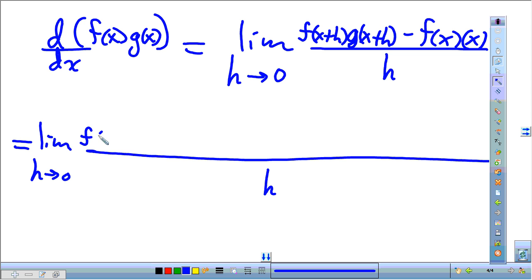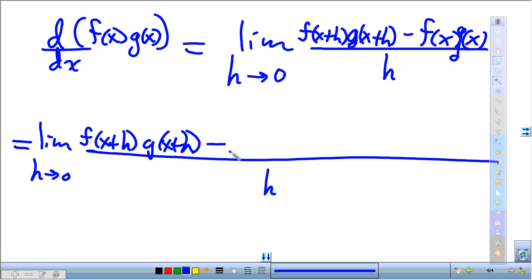So I have f of x plus h, g of x plus h, minus, oops, I see I left out a letter in there, g of x. F of x plus h, g of x plus h, minus f of x plus h, g of x. Whoa, something wrong.